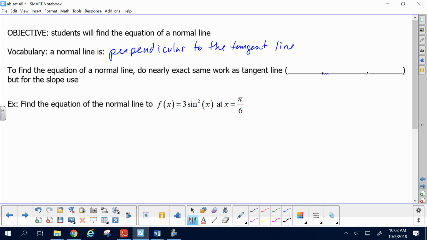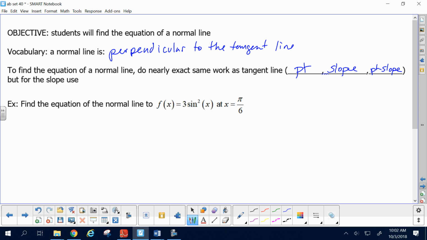So when they ask you to find a normal line, it'll be a ton like a tangent line question. To find the equation of a normal line, do almost exactly the same work as the tangent line. You first find the point, then you find the slope, then you write the equation in point slope.